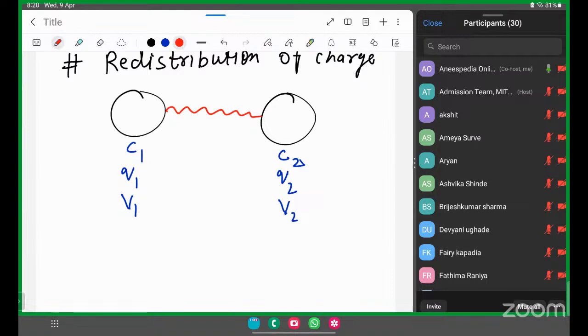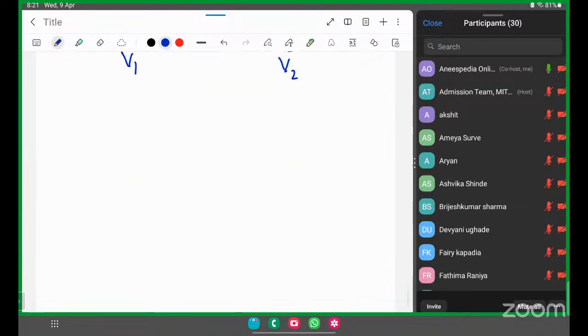So let's say charge flows from one conductor to another, and in that case there will be a common potential when there is no flow of charge. So you have to calculate that common potential V. What will be the common potential of these two connected conductors or capacitors?